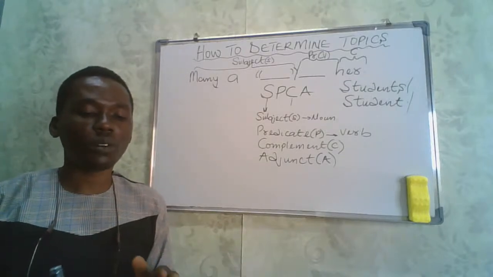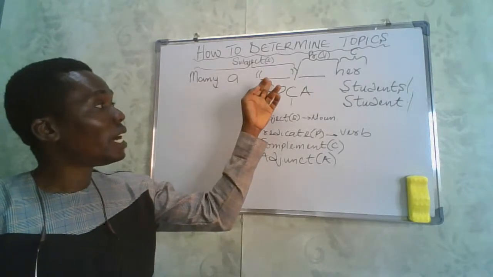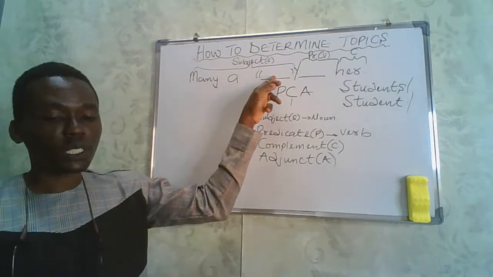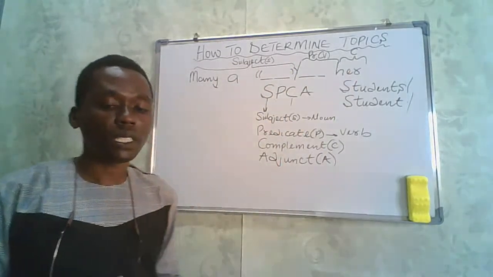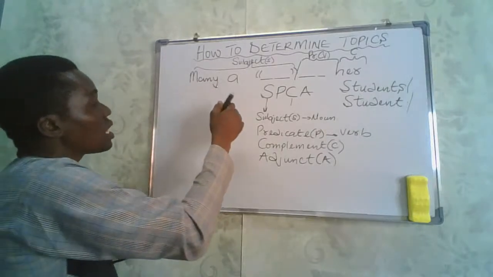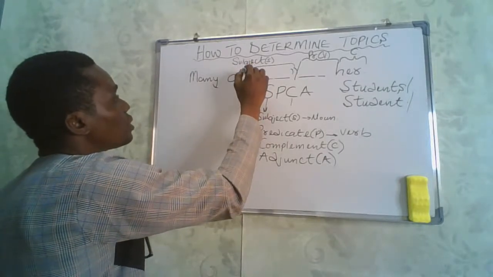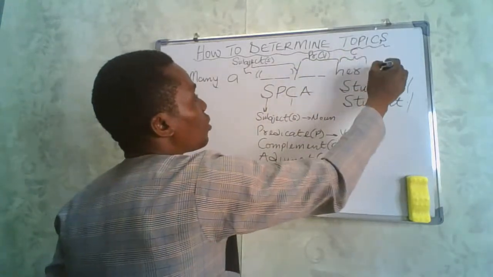Don't bother yourself. So the question again is, many a dash dash her. So many a is the subject, then the predicate, and what? Complements. So in this instance now, we have what? We'll have this as the what? As the subject. We have the predicate. We have the complement.